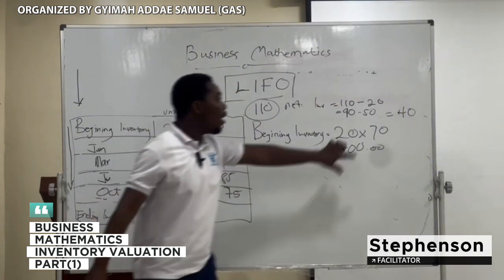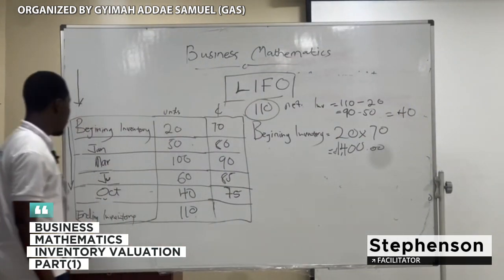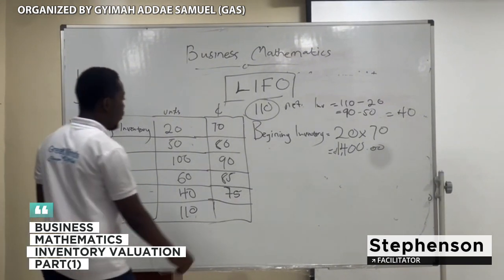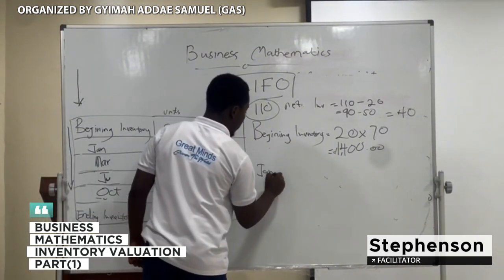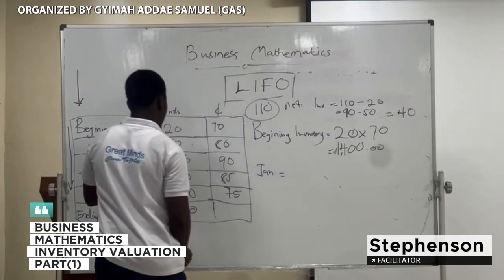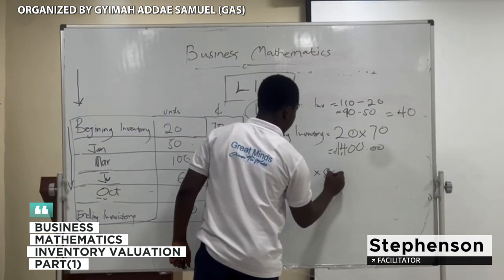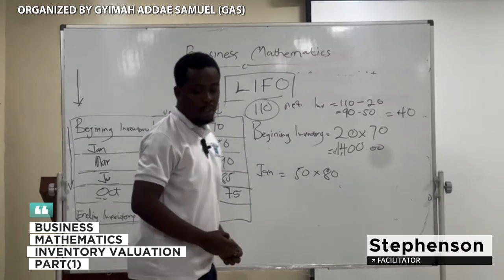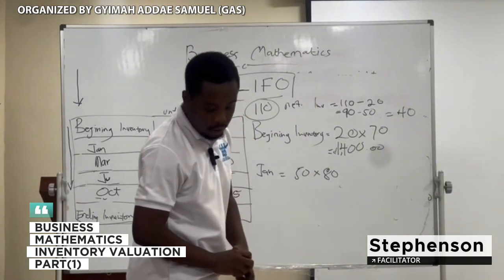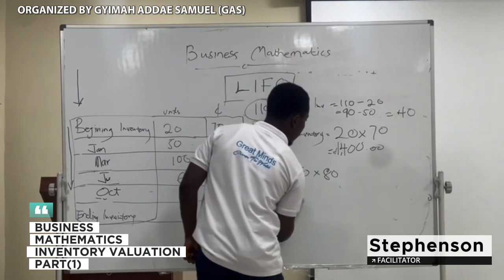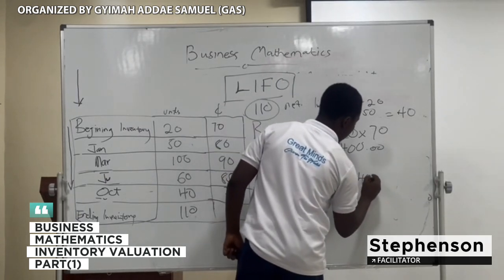So we will take this 40 to the preceding month, which is March. Now let's value our January. So January will be 50 times 80, right? We'll be getting 4,000.